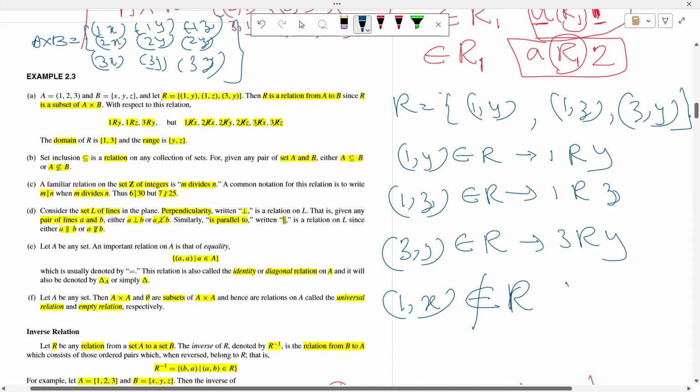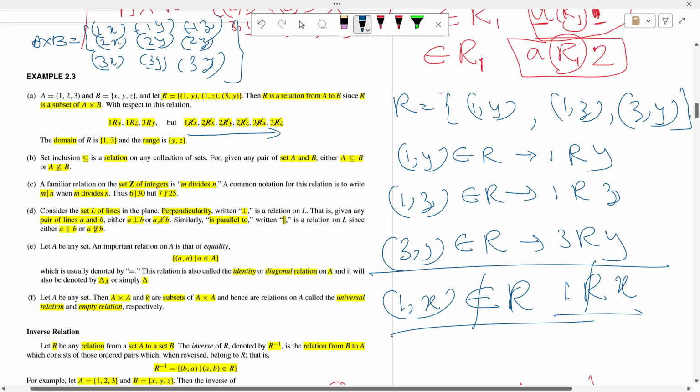Another way is 1 not related to x, right? These are the different ways we can write to indicate a relation with its ordered pairs, right? Similarly, for all the remaining elements, we can write this way. It means 3 not related to z. It means 3 comma z does not belong to relation R. That is the meaning of this one, right?